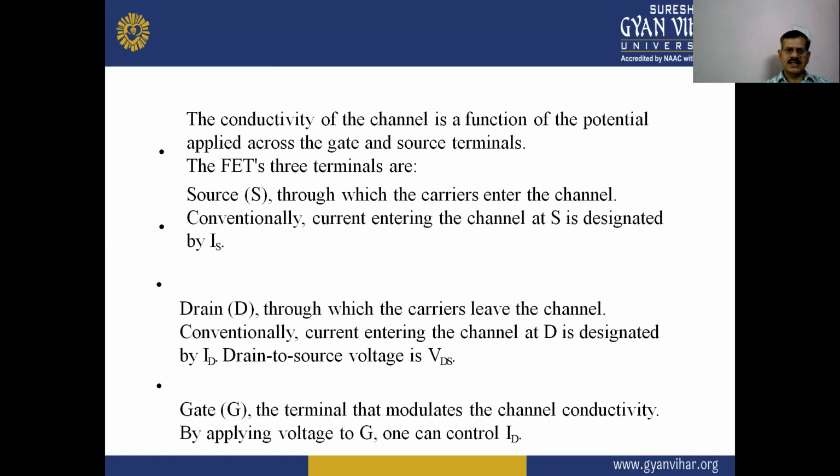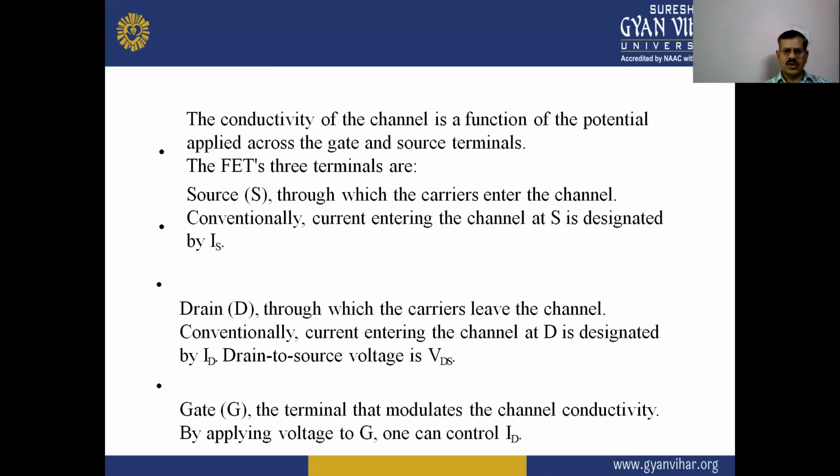The source S is the terminal through which the carriers enter the channel. Conventionally, current entering the channel at S is designated by IS, the source current. Next is the drain terminal, through which the carriers leave the channel. Conventionally, current entering the channel at D is designated by ID, the drain current.